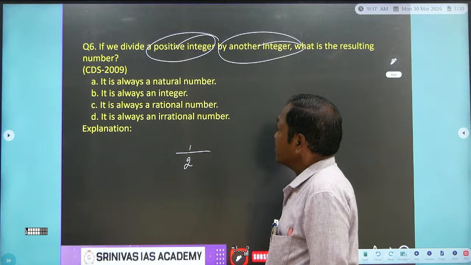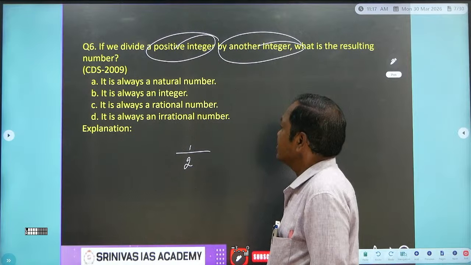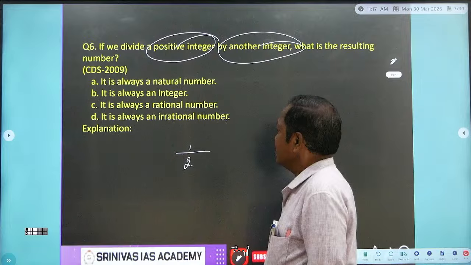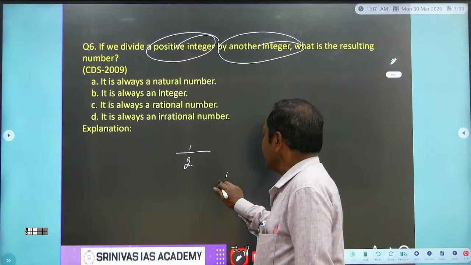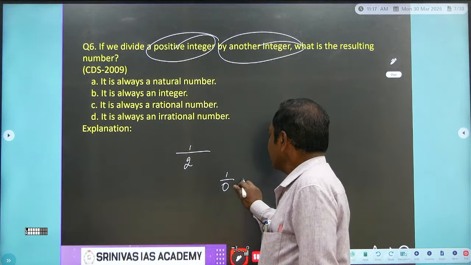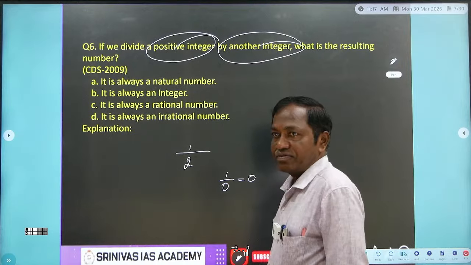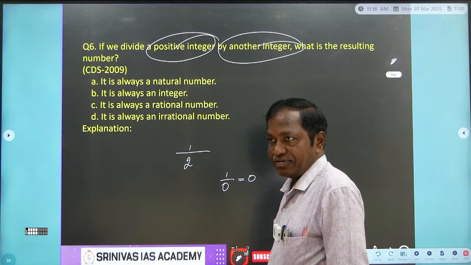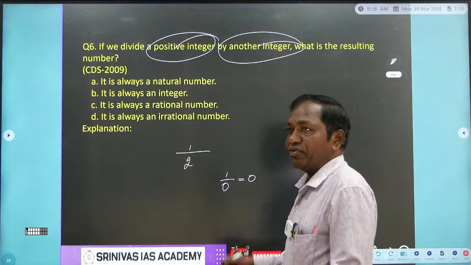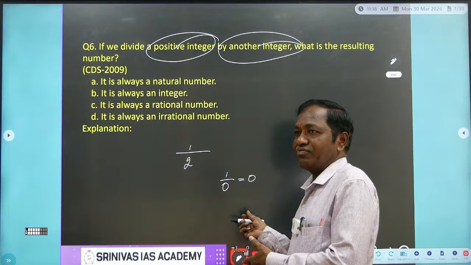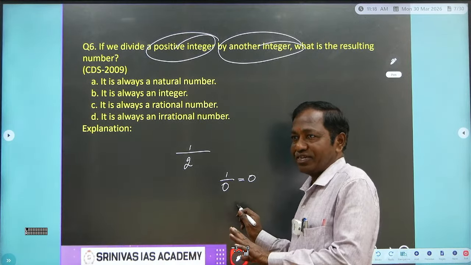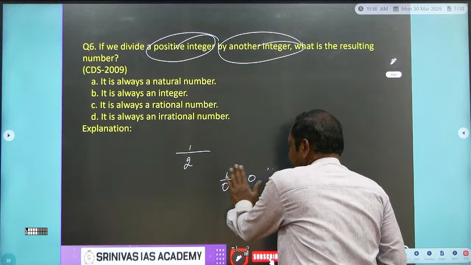Yes, sir. Why is it a rational number? Sir, positive integer can also be 0, no, sir? Yes. Even if you take integer 1/0, this becomes infinity, but we cannot write that.